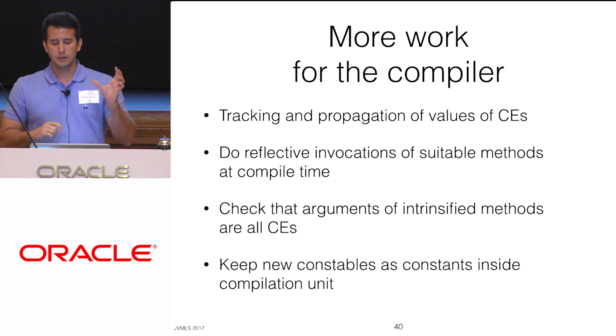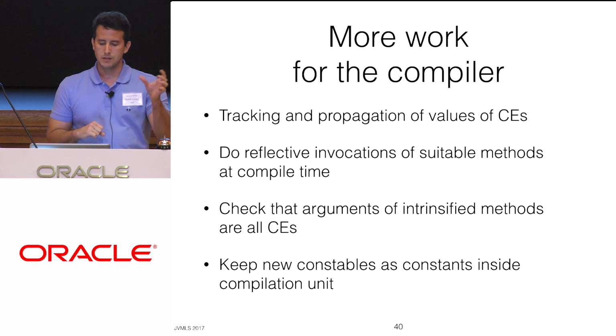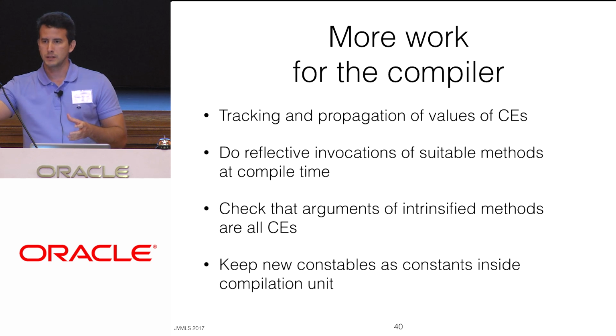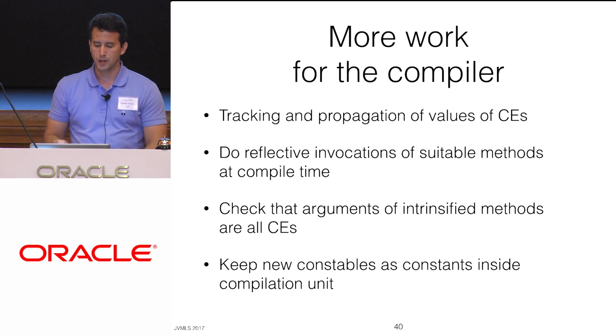Remember the annotation I was talking about before. If a method is annotated with that annotation, that will mean a message to the compiler: okay, track me. And so the compiler has to do reflective invocation of those methods, obtain the constant, and start tracking it.